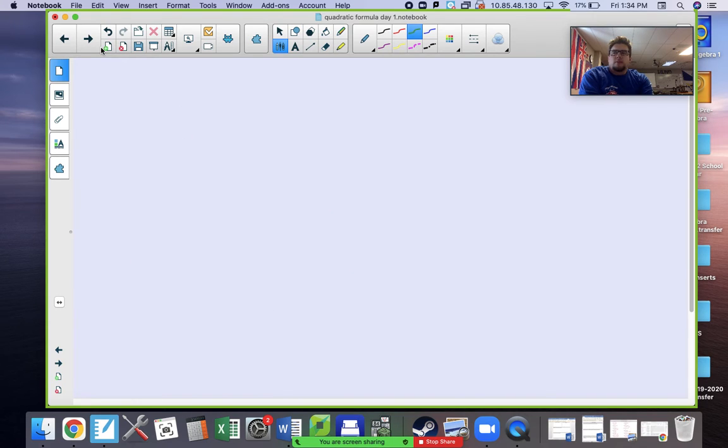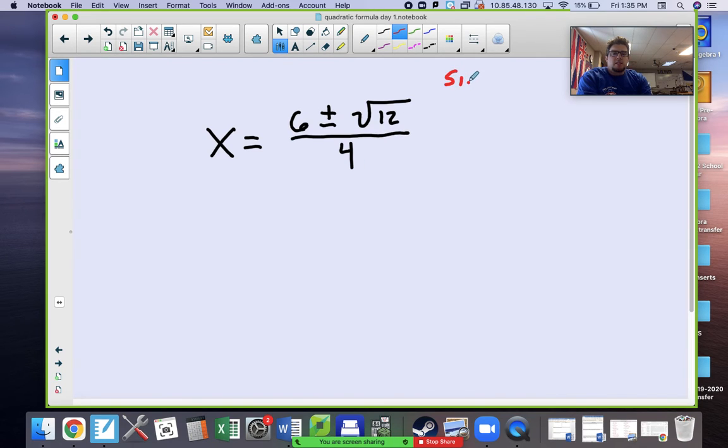So what if we've solved our quadratic formula and we get down to a problem that looks like this? 6 plus or minus the square root of 12 all over 4. We go to check to see if we can simplify our square root. We see that 12 is not perfect, but we notice that 4 is a factor of 12.